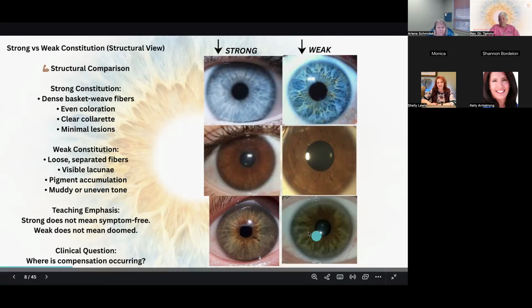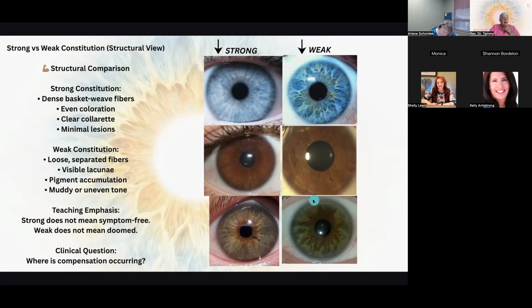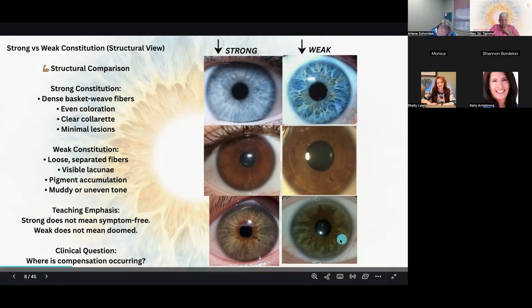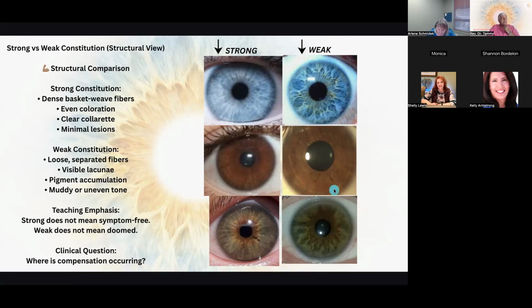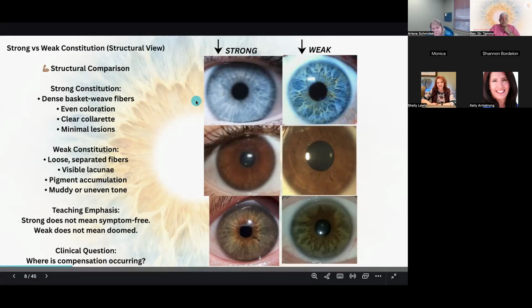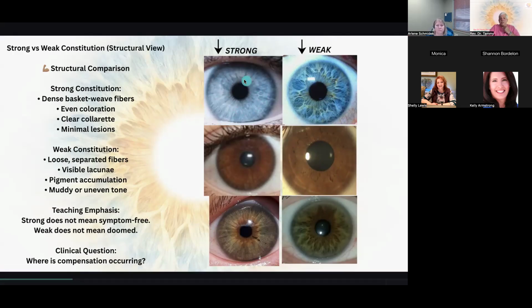Visible lacunas. We see visible lacunas in all three of these. Pigment accumulation. There's pigment here, there is some pigment in here, and there's lots of pigment here. Muddy or uneven tone. When you look at this, it is very uneven. So is this one. And this one is too, when you really pay attention and look at it. So this is a beautiful, strong constitution.